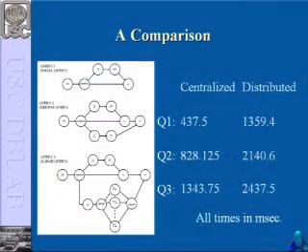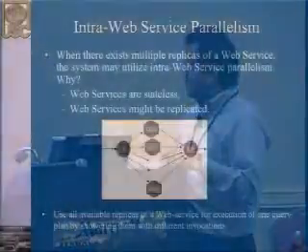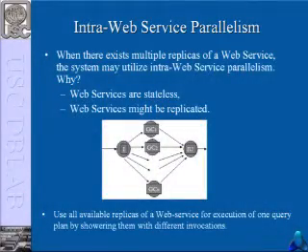What to do about this, how to speed this distributed paradigm up? We decided to use intra-web service parallelism. The idea is that if you have multiple replicas of a web service out there, the system may utilize intra-web service parallelism because these web services are stateless and might be replicated.